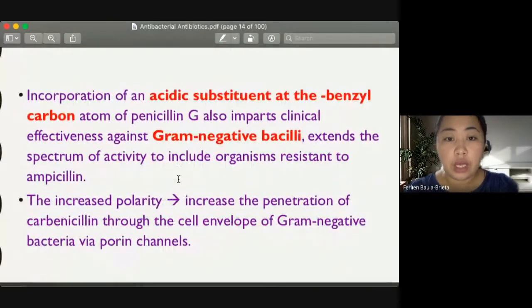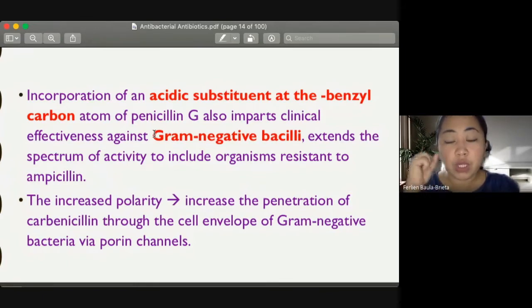Another thing that you can also add is an acidic substituent at the benzyl carbon of penicillin G that imparts clinical effectiveness against gram-negative bacilli. So the acidic substituent, like our carboxylic acid, also enhances or extends the spectrum of activity. So that's the second one.